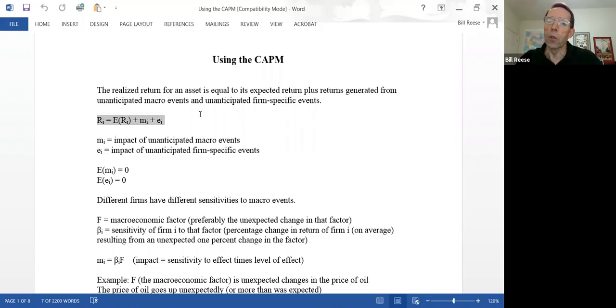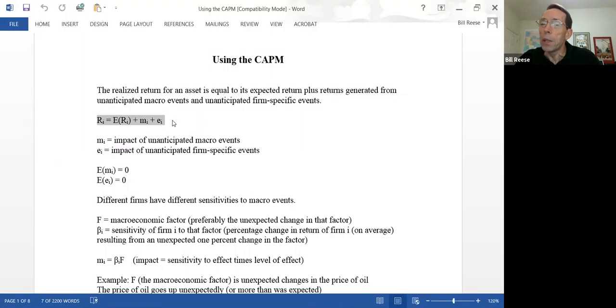Now, it's important to understand that the expected value of the unexpected is zero. If something is truly unexpected, we don't know whether it will be good or whether it will be bad. If it's more likely to be good, then we have that as part of our expectation. This expected return on stock I incorporates everything that we know about the economy, everything we know about the stock, everything is already incorporated into that expected value.